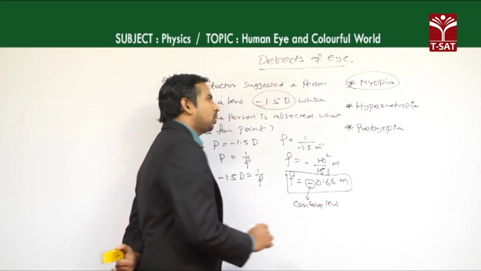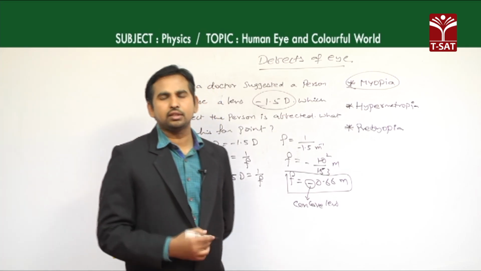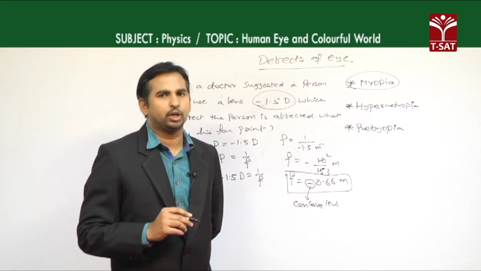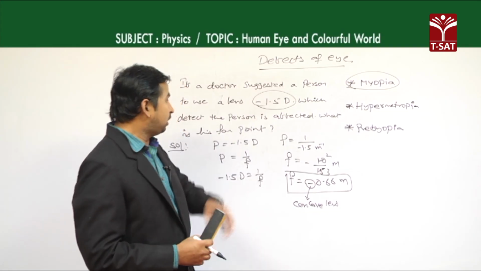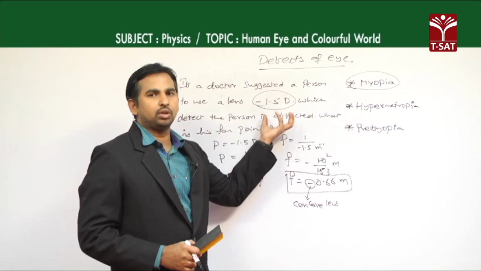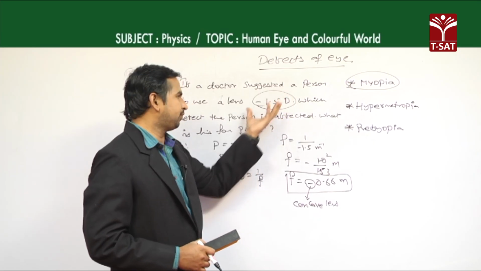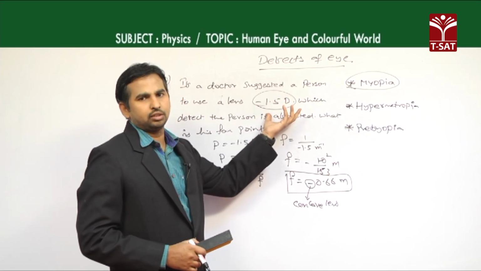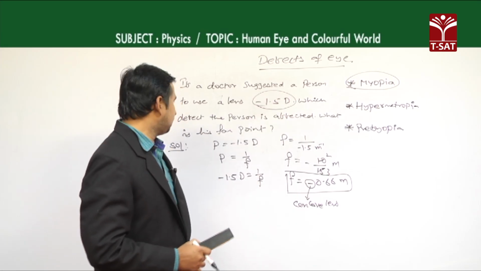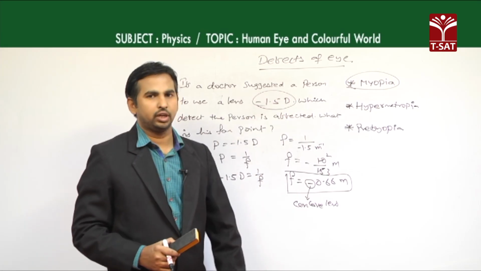As it is a concave lens, and a concave lens we use for the defect of myopia, this power of the lens is meant to cure myopia, the defect the person is affected with. And the question also asks what his far point is.